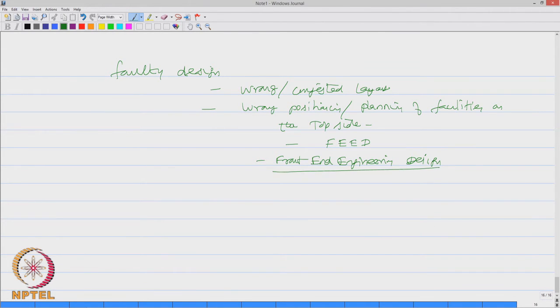There is a separate team, the FEED team, which essentially looks into only an intelligent, non-compromising, but compact layout of various facilities horizontally and vertically in a given platform topside alone. So, FEED was not effectively done.